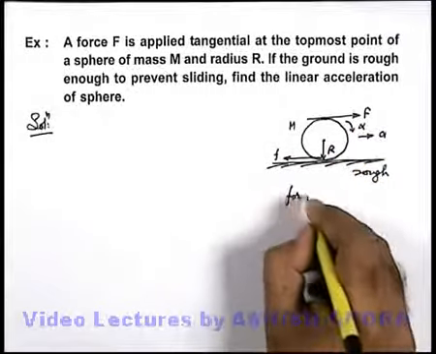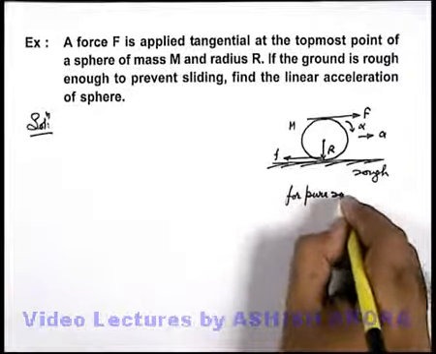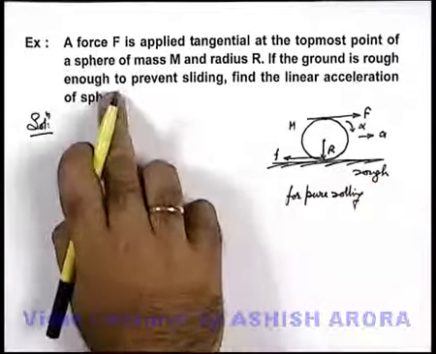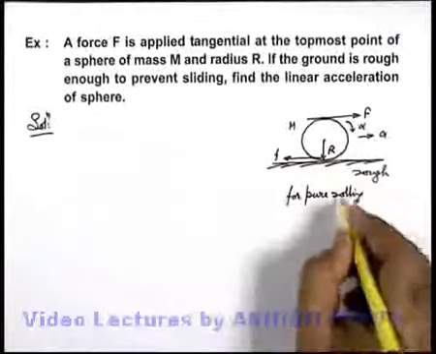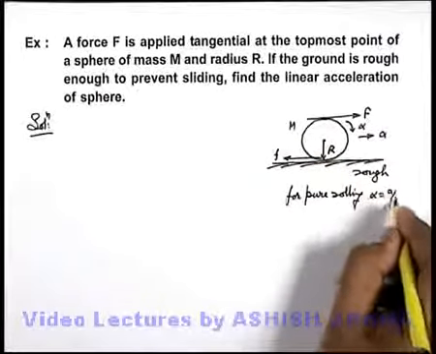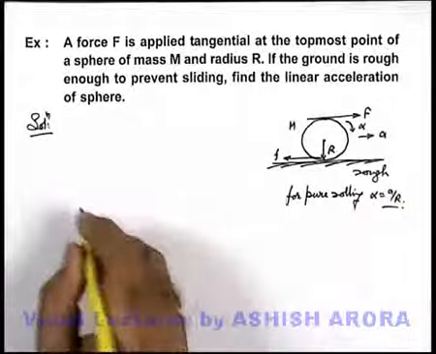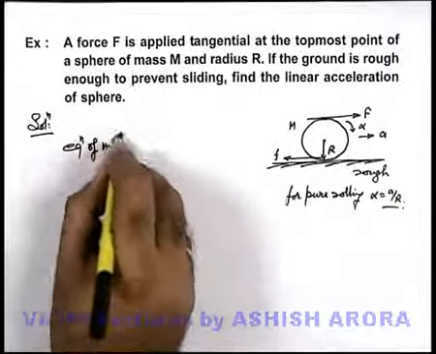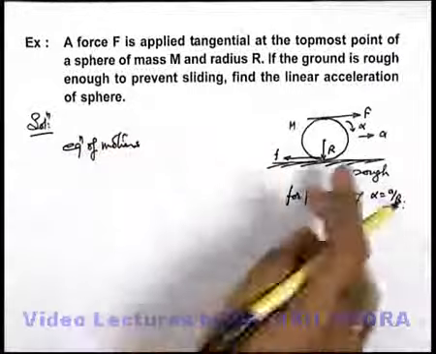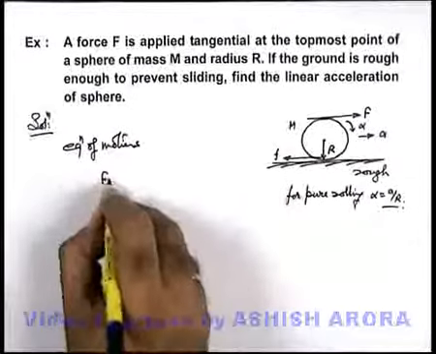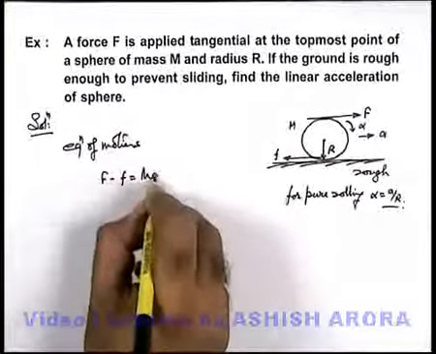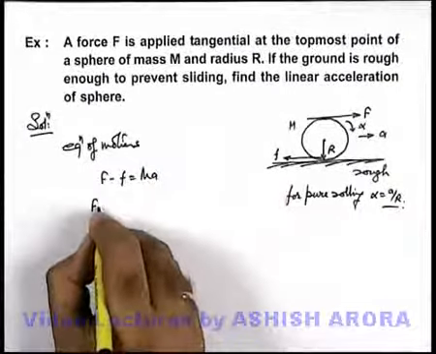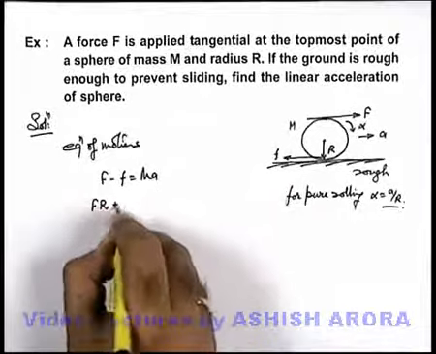And we can write for pure rolling of the body, as it is given that the ground is rough enough to prevent sliding, alpha is equal to a by r. In this situation, if we write equations of motion, for linear motion it is F minus f is equal to ma, and for rotational motion the torque is Fr plus fr.